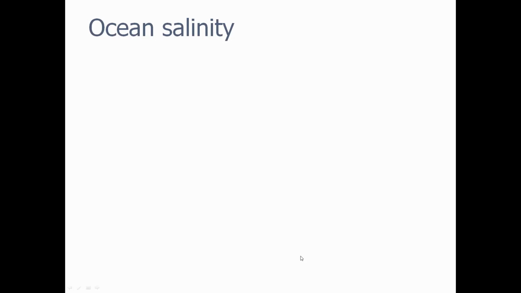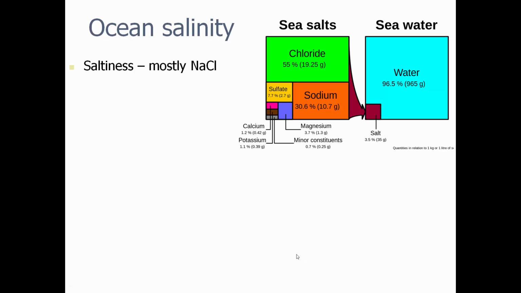Ocean salinity: if you ever tasted the ocean, it is definitely salty. The primary salt in it is sodium chloride, which makes up most of the salt in there, 3.5% in normal ocean water, although it can get a larger or smaller percentage depending on lots of things.